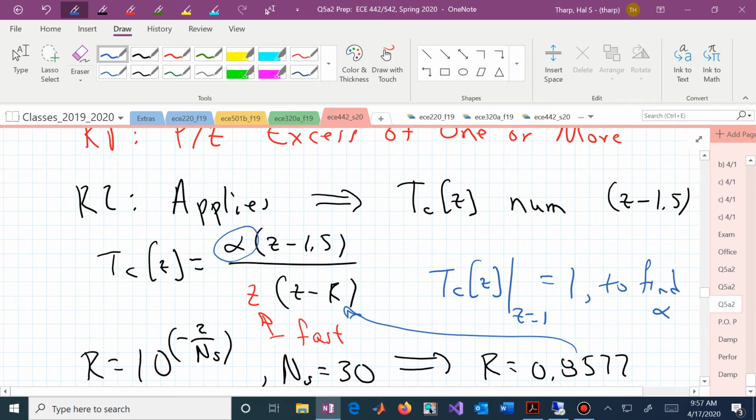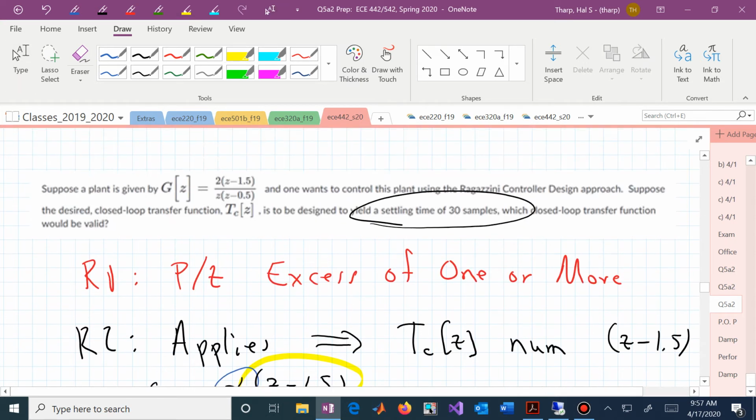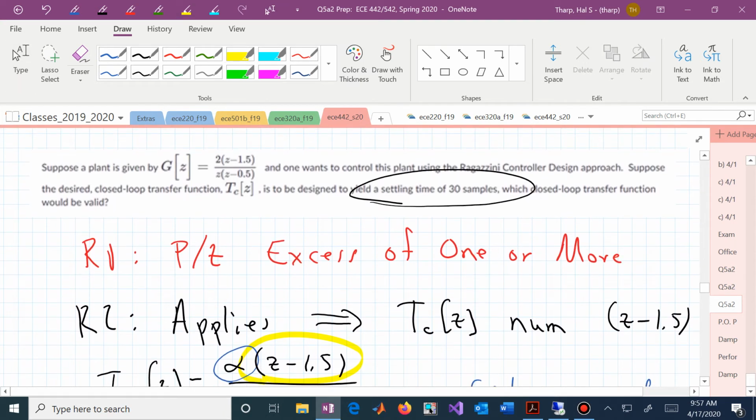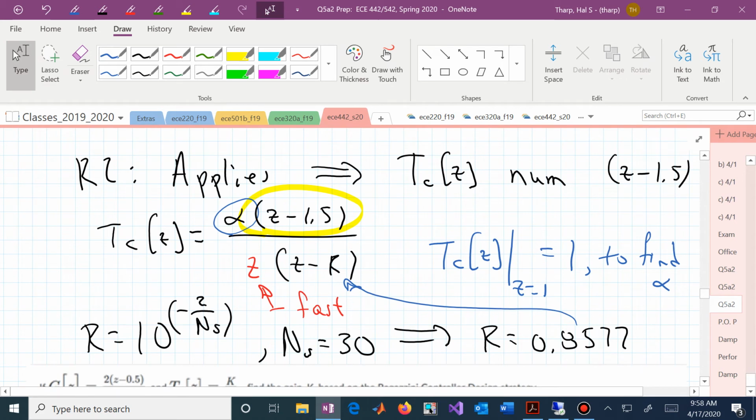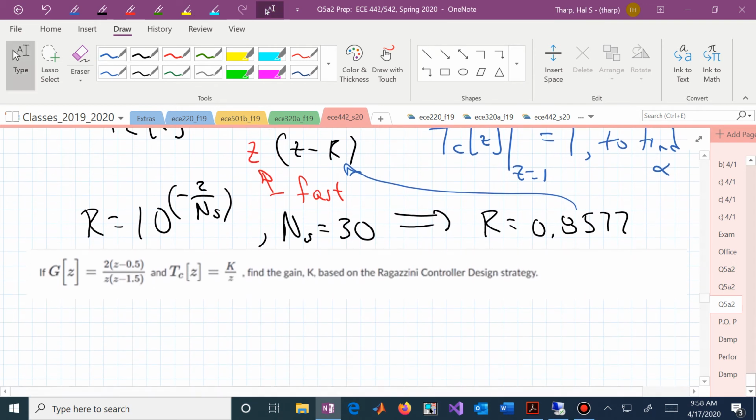We have a Z for the fast pole. We have to retain this factor to satisfy restriction 2. Restriction 3 didn't apply. We didn't have any unstable poles in G of Z. And alpha, one option to find that would be to allow the steady state error to be equal to 1.